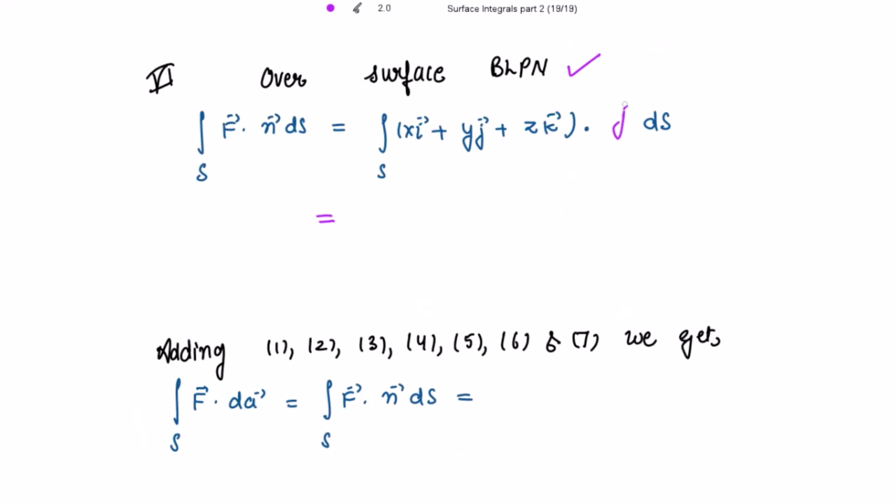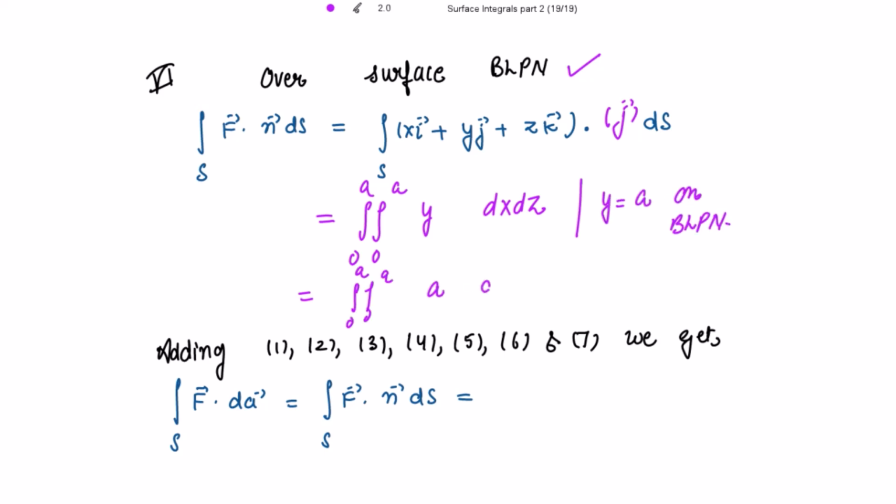So n vector is j vector, and when taking the dot product, we get y dx dz, limits from 0 to a, and on this surface, y is equal to a. So y is a dx dz, taking a outside, and then integrating 1 with respect to x, we get a. Same integration 1 with respect to z, we get again a. So this is a cube. Please mark this as 6.